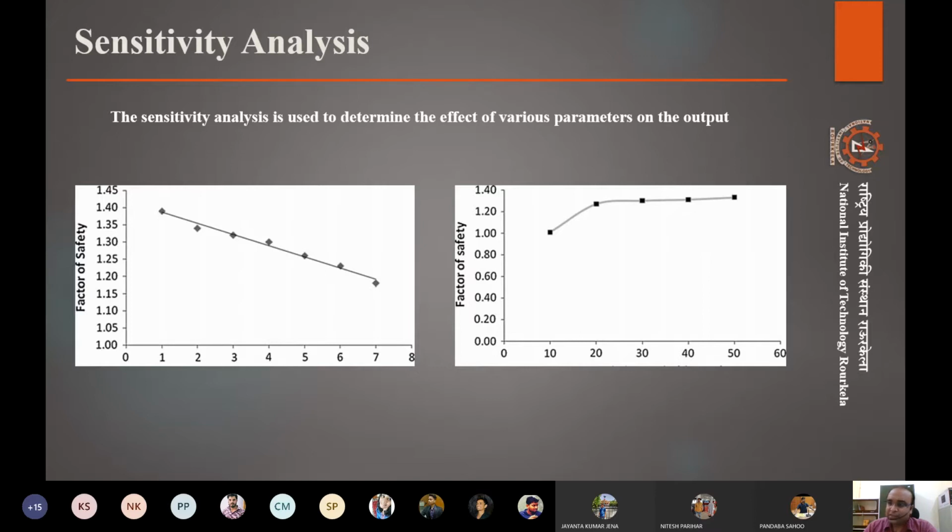On the basis of what kind of trend we are obtaining, we can give a good prediction of how sensitive a parameter on the left side will be as compared to the parameter on the right side.